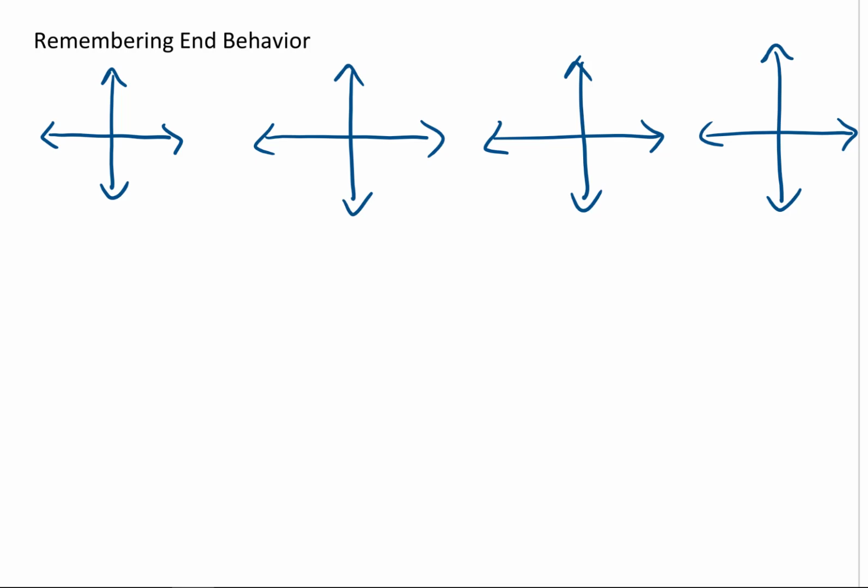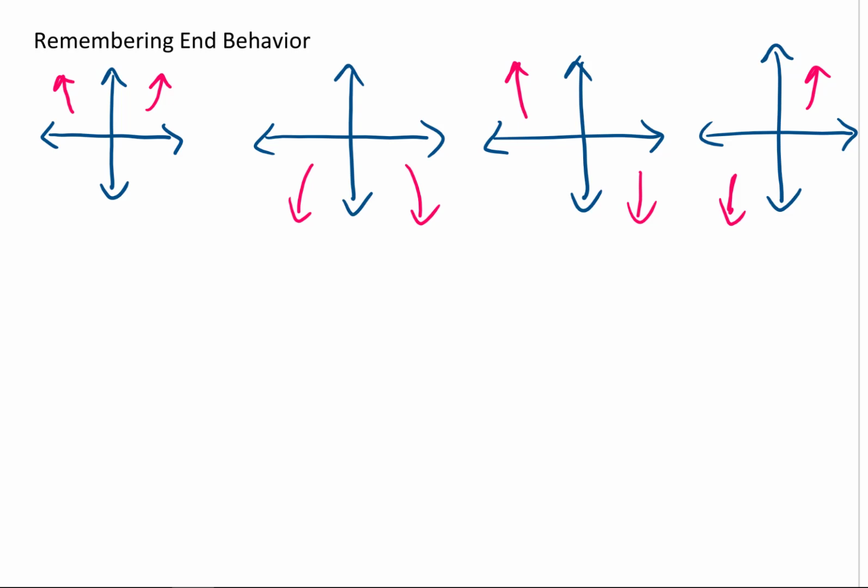So we're going to go through 4 different scenarios. We can have end behavior going up on the far left as well as the far right, going down on the far left and far right, and then alternating up, down, and down, up. Now there are significant characteristics in the equation of the polynomial that lead to this specific end behavior.